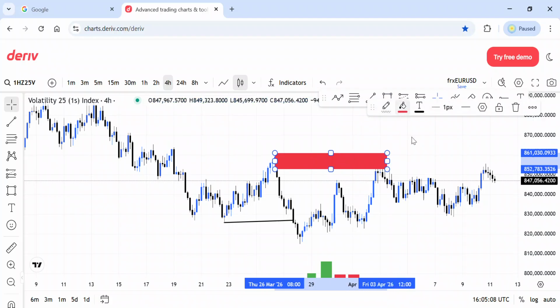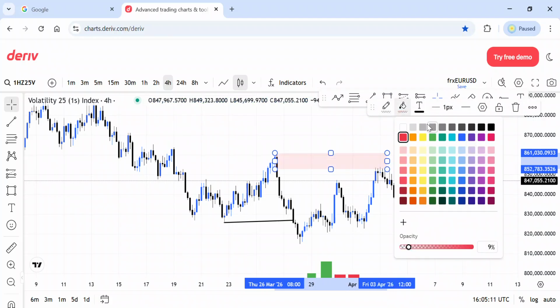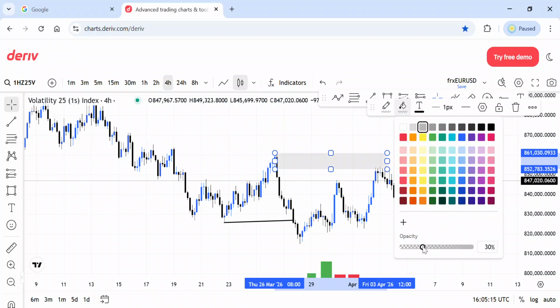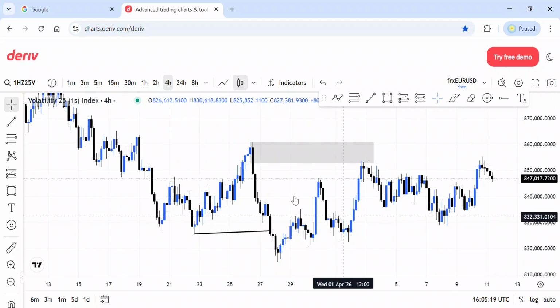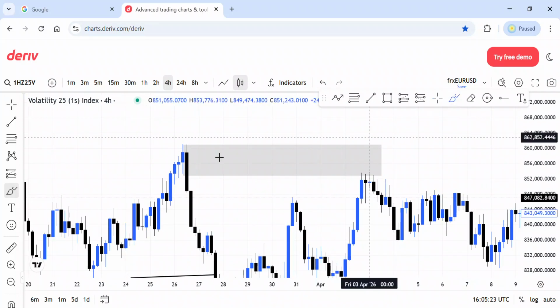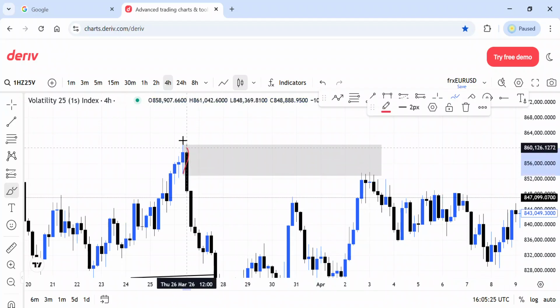Let me change this. So as you can see, let me show you guys the last buying candle first. First of all, this is the last buying candle. This blue line is the last buying candle. Okay, then after that, what happened?